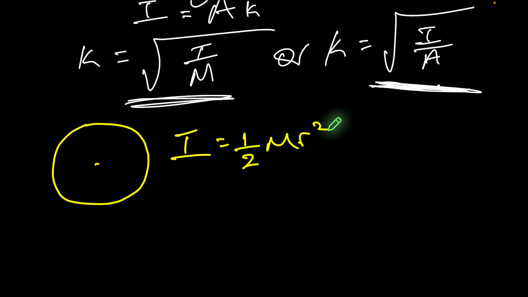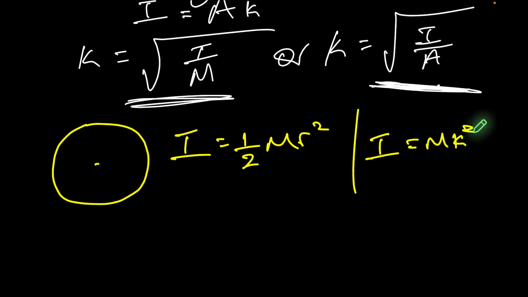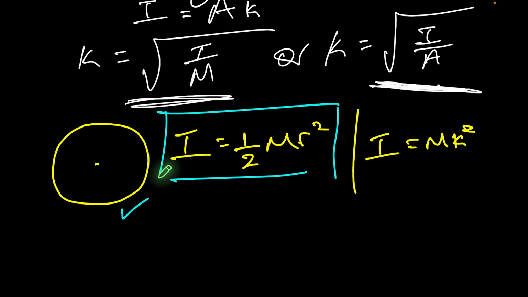But if we use the radius of gyration, it would be I equals mk squared. For this concept, remember that the main goal is this: whatever answer we get for the inertia of this plain disk using I equals half mr squared, we need to get the same answer using the radius of gyration.